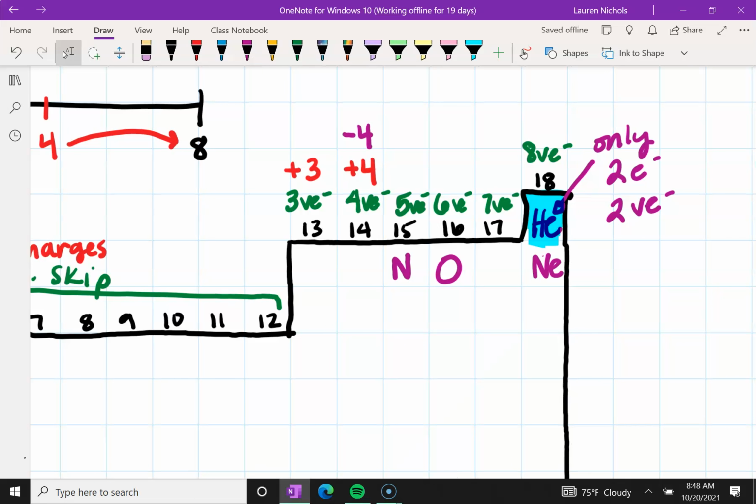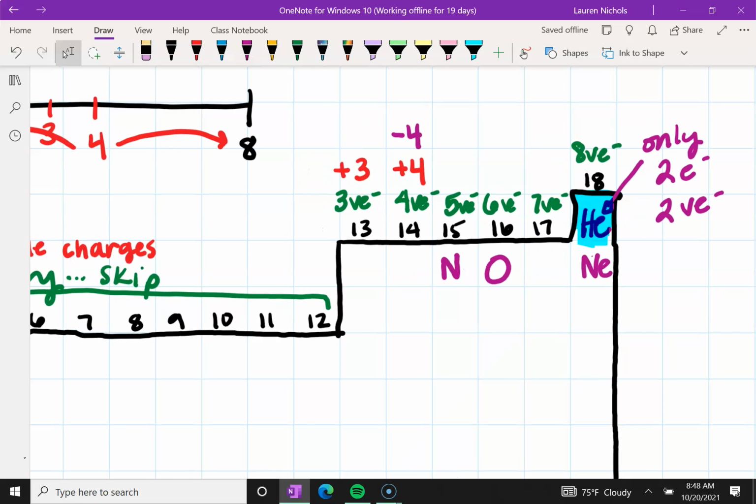Now, if I'm on column 15, I have 5 valence electrons. And here's what you have to remember about the charge: if I have 5, I'm closer to 8, and I need 3 more to go to 8. So that means I'm going to have a -3 charge. If I'm in column 16, I have a -2 charge, like oxygen, which we did before. Column 17 would be -1. And column 18 already has 8 valence electrons, so it will have no charge.